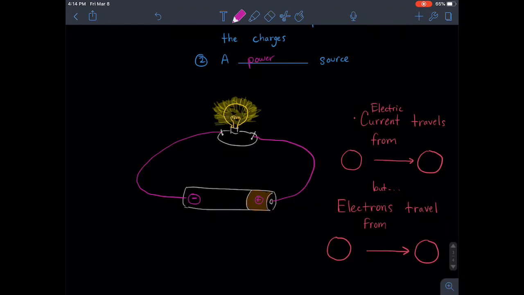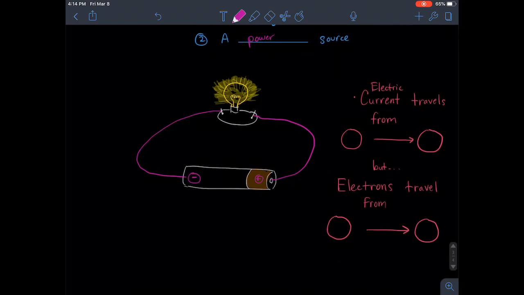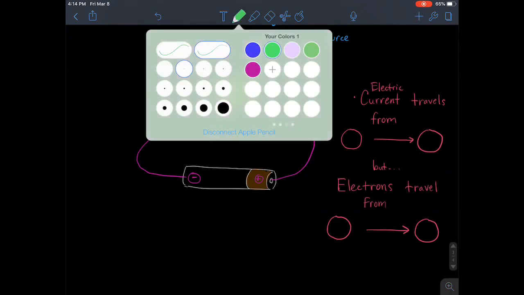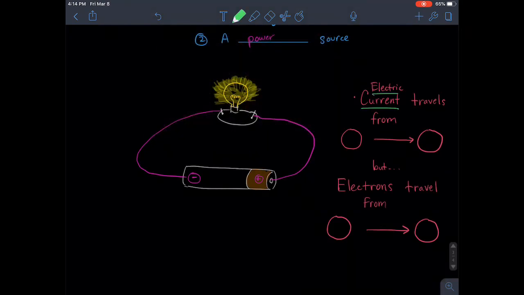And again, like with the magnets and the compasses, it's kind of weird how there's these different terms and the magnets are kind of flipped and kind of bends your mind a little bit. Well, I've got another one for you here. So a circuit is when we have a complete electrical path. So that's what's happening here. We have the current flowing from positive to negative. So when we look at electric current, we say that the electric current travels from positive to negative.